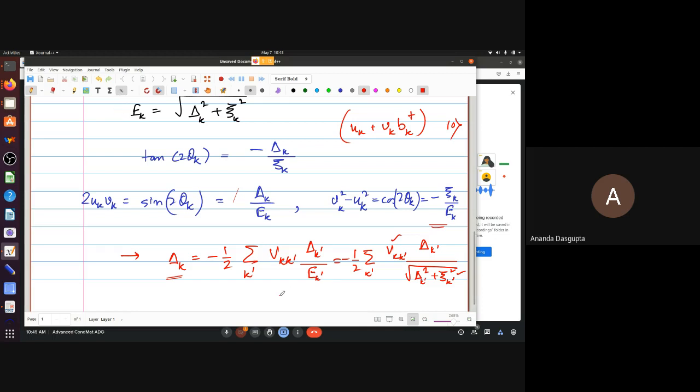The only problem with that, of course, is that this equation would be a very, very difficult equation to solve because you have delta k here, you also have delta k on the other side, and this quantity is another complicated nonlinear function of the same delta k's. So you have a sum of lots of complicated terms involving deltas here. So it's really not a simple equation to solve in general.